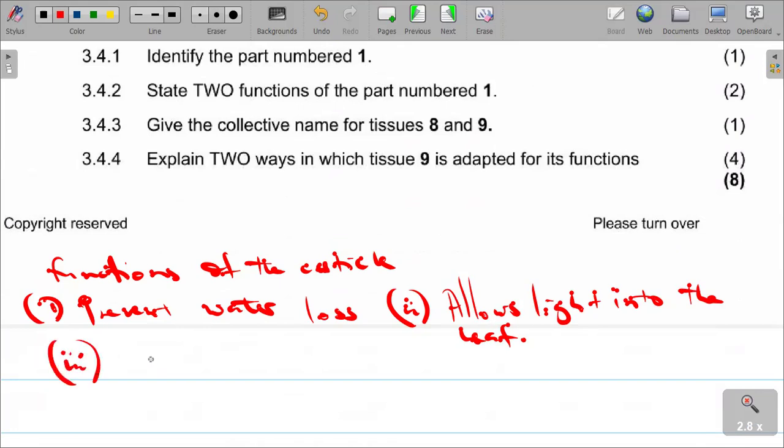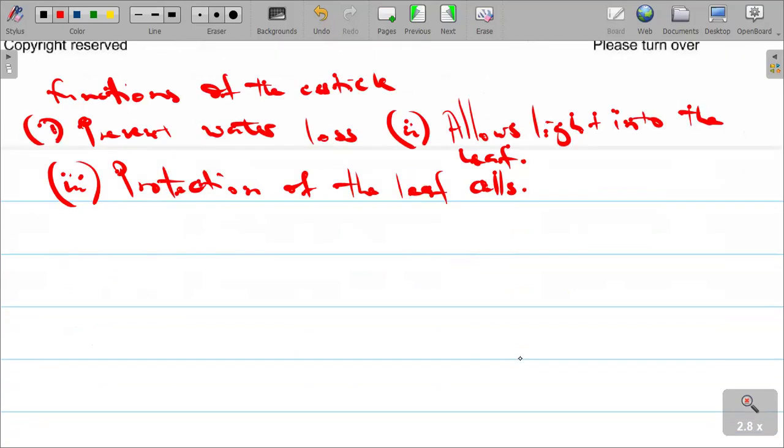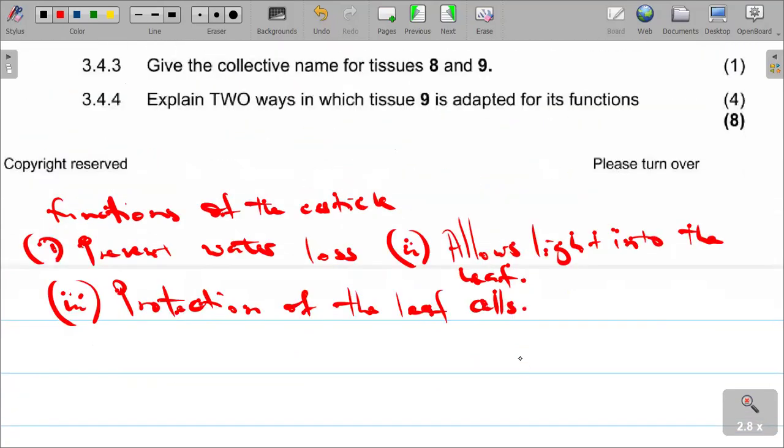And then it also provides protection to the leaf cells.